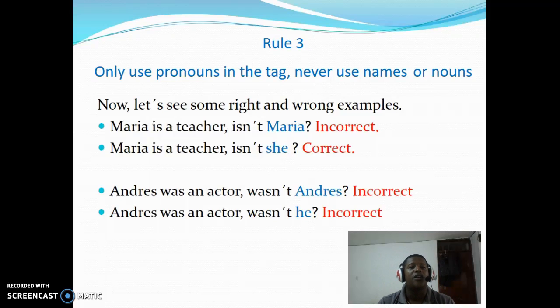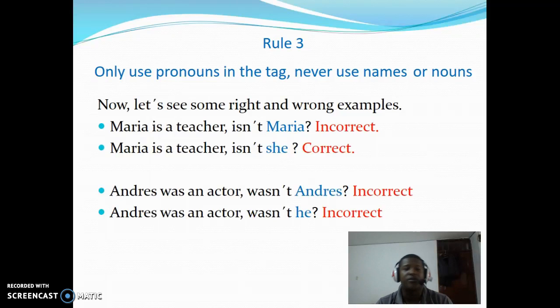So now let's see some right and wrong examples. Maria is a teacher, is Maria? That's incorrect because, like I said before, we don't use names. So the right form is: Maria is a teacher, isn't she? That's correct. She is the pronoun that can replace Maria.